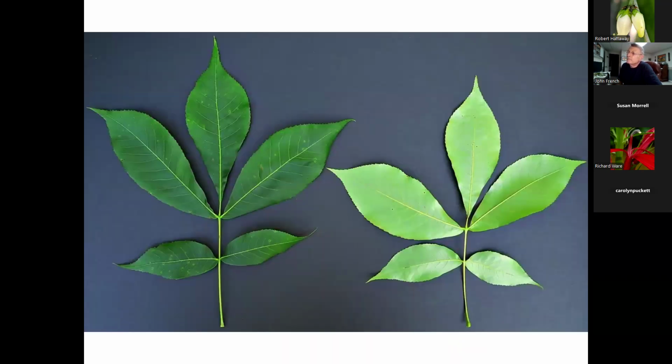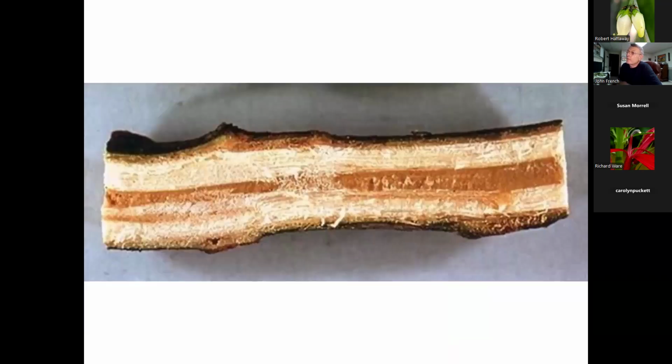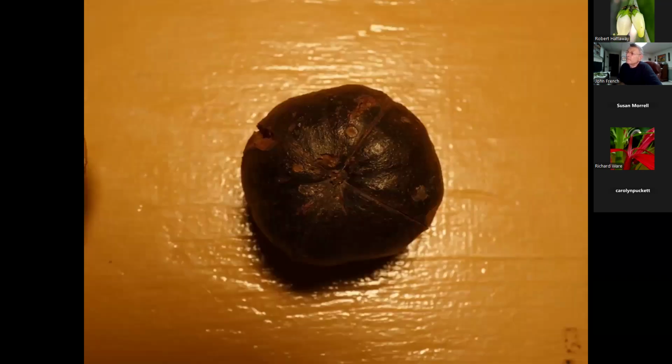Okay, the next question is, is the pith chambered or is the pith solid? And there's the pith. That's continuous. Yes, solid, continuous, not partitioned. Okay, is the fruit a nut with a dehiscent husk? Yes, it is.